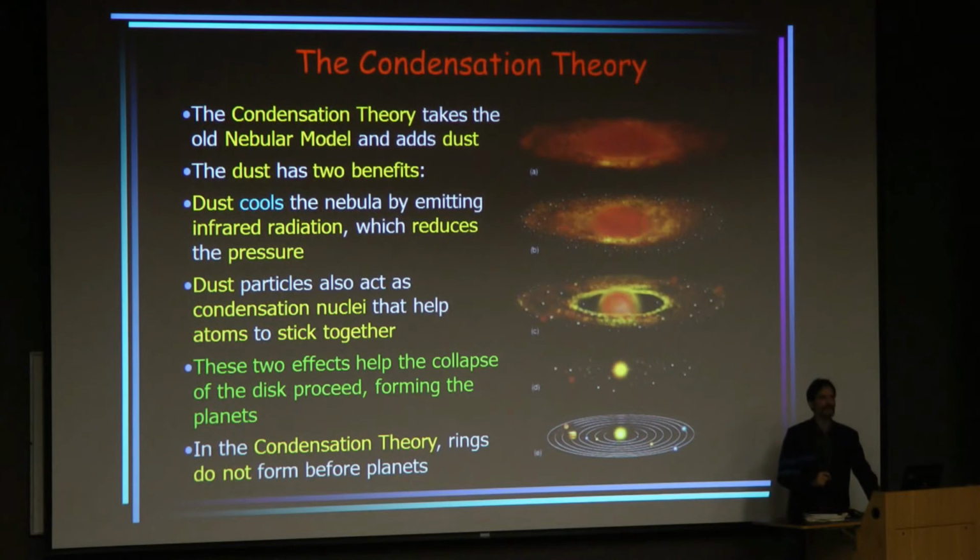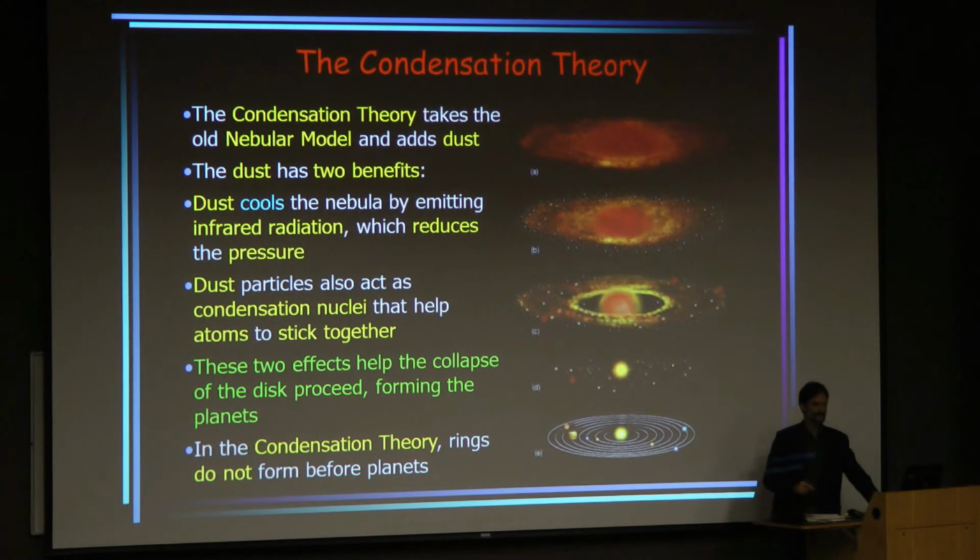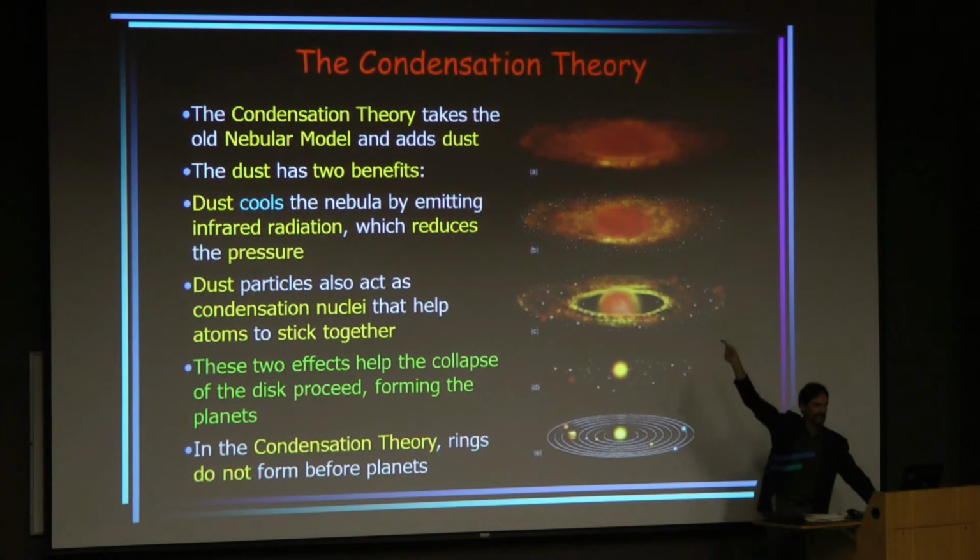It's a little different from the nebular sequence of snapshots. We start with the disk at the top, which is pretty hot, with the primordial sun forming in the center. Then we get the dust, which starts to cool the nebula by emitting infrared radiation, reduces the pressure, and we start to get protoplanetary blobs forming, which are basically an agglomeration of lots of little dust particles that are accumulating gas atoms on their surfaces.